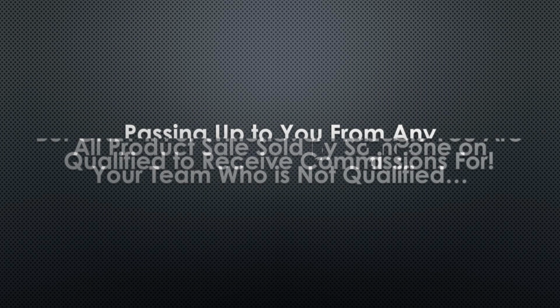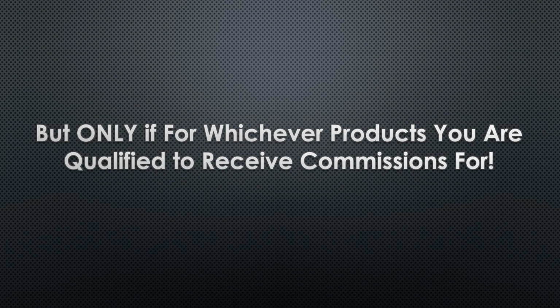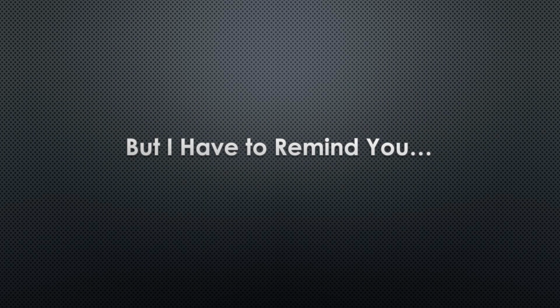So if they're an apprentice and an industrialist signs up or whatever, you're getting that industrialist commission at either 40 or 50%, right? And that happens on all products that are sold inside of that infinity line where you are the next upline qualified person. So you'll have all of these passing up to you from infinite levels wide and infinite levels deep, but only for whichever products you are qualified for.